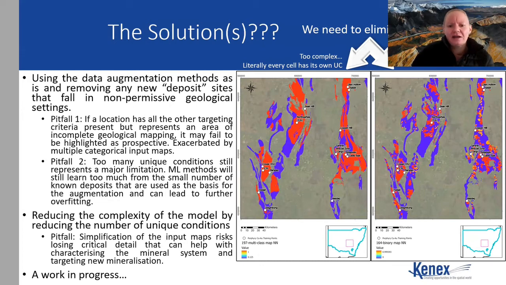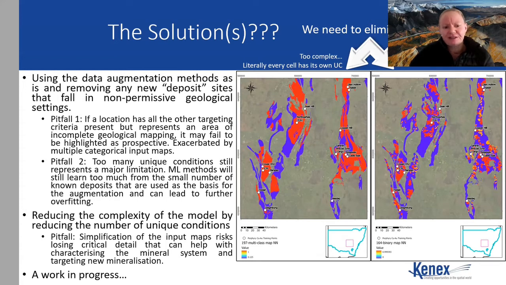And so it could then end up failing to highlight those areas because it's not learning anything about those areas where we do have incomplete mapping, and we don't know that it's incomplete. And this is going to be exacerbated as we include more categorical input maps into our model.